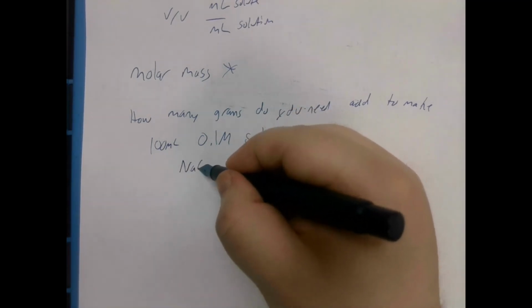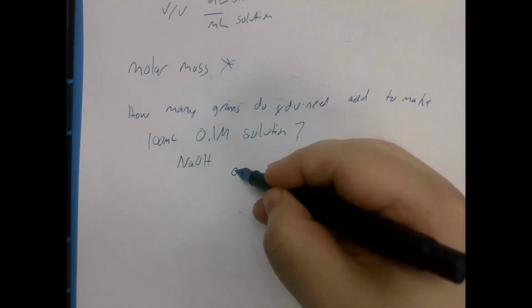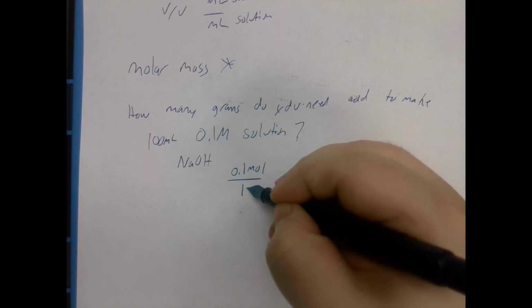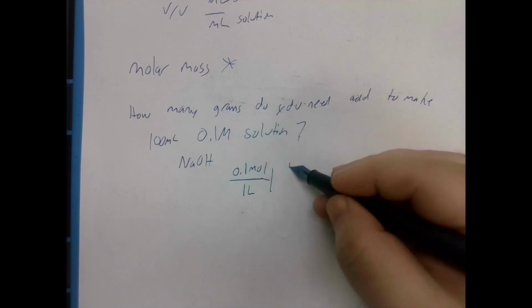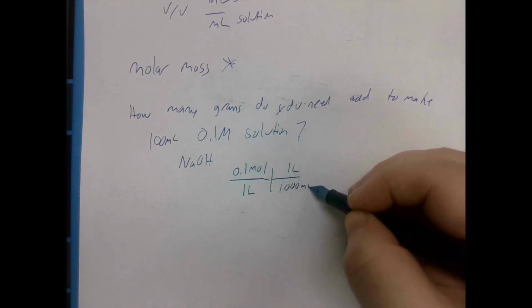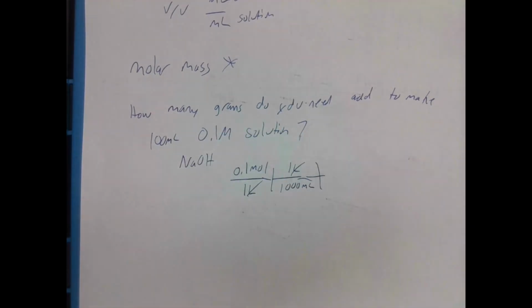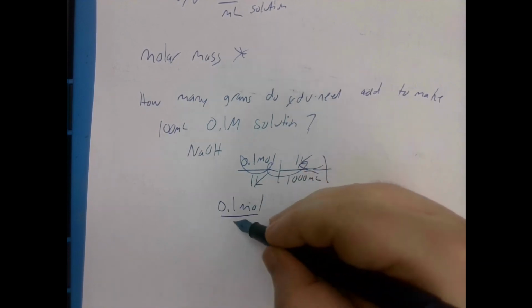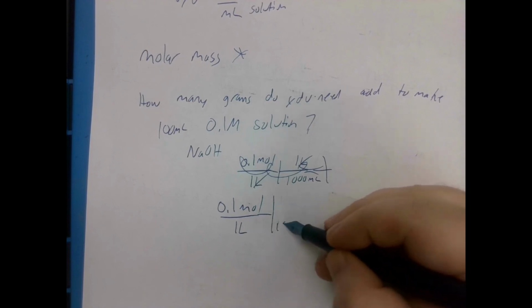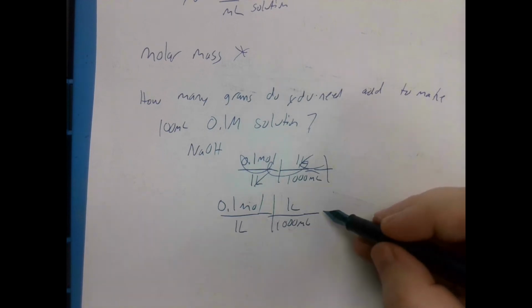So let's do like NaOH. We want 0.1 moles per 1 liter. That's our concentration. And we have 1 liter divided by 1,000 milliliters. That gives us how many moles per milliliter we need.